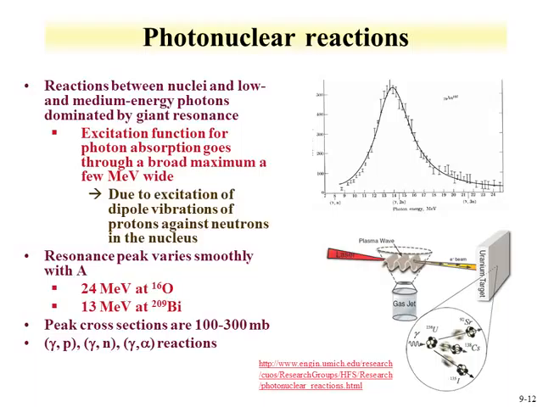Now, it's also possible to have nuclear reactions using photons. Reactions between nuclei and low and medium energy photons are dominated by a giant resonance. These excitation functions for photon absorption go through a pretty broad maximum, a few MeV wide, shown here for the reaction of photons on gold-197.